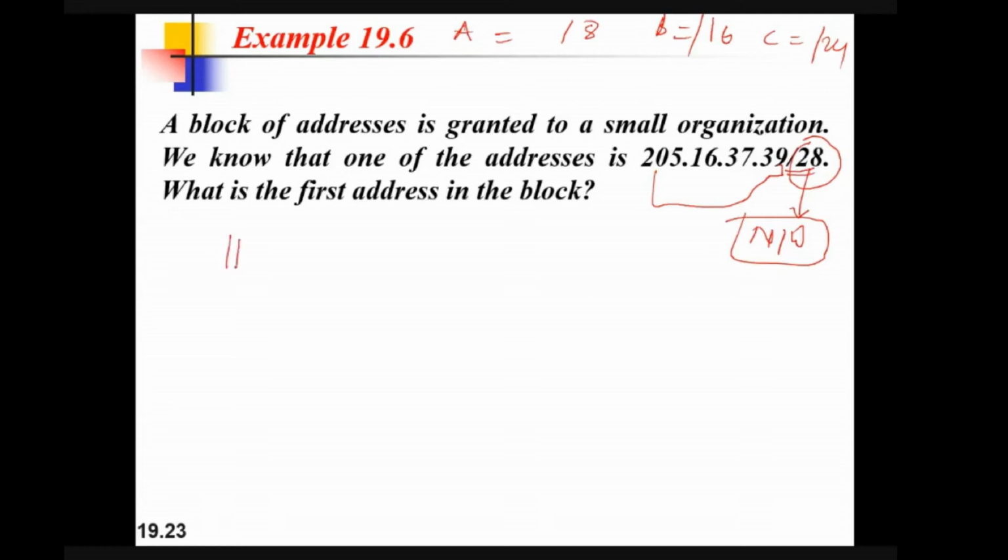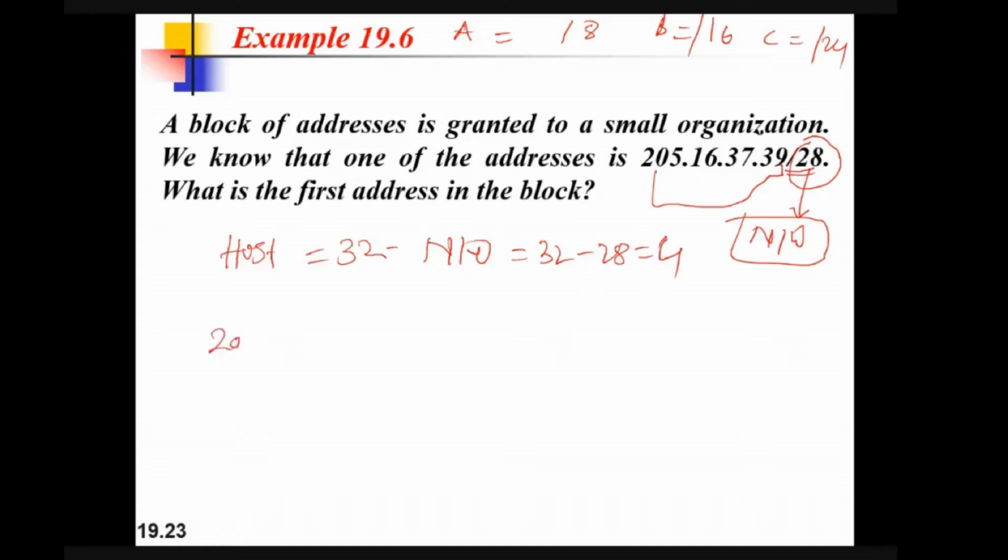So what will the host part be? Host part equals 32 minus network part. So 32 minus 28, the host has only 4 bits. So we have to make the last 4 bits 0.